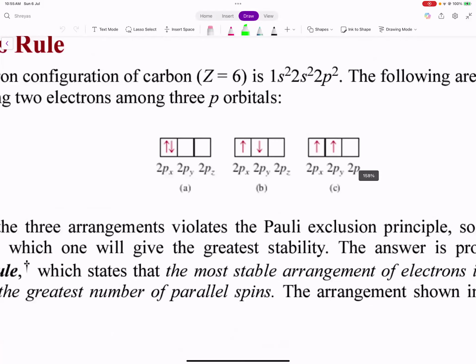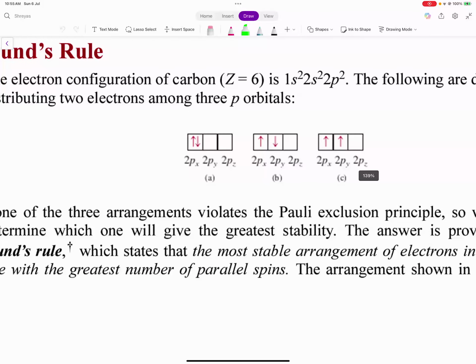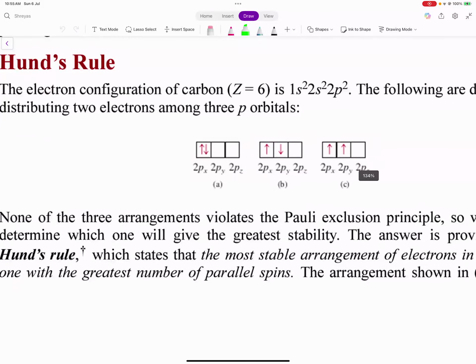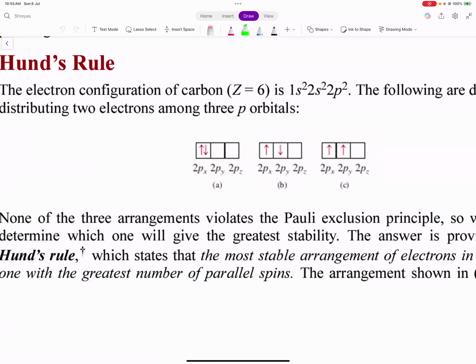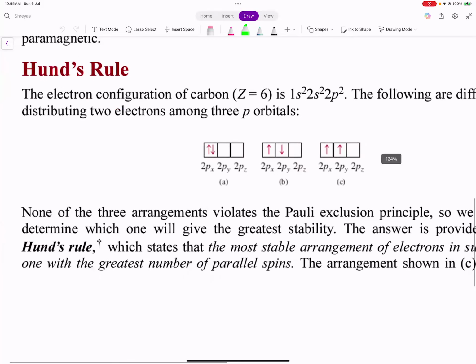Another rule comes: Hund's rule of maximum multiplicity. It says that the most stable arrangement will be where we have the greater number of parallel spins.